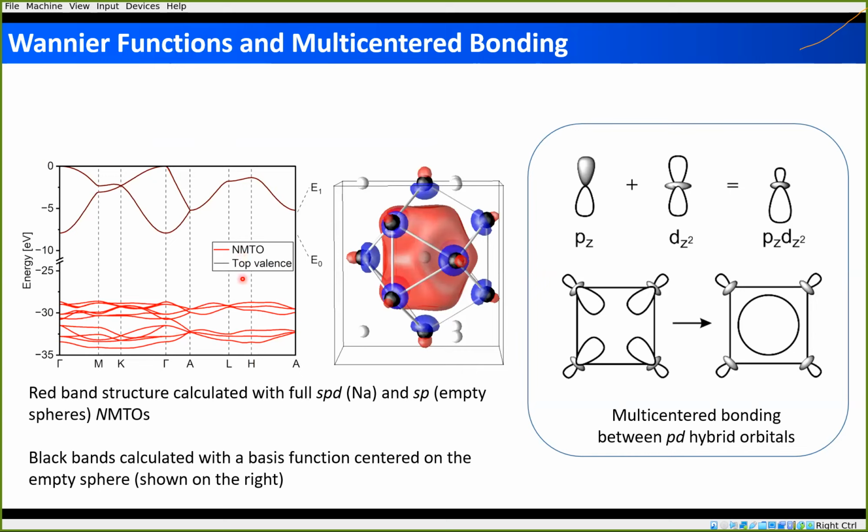We have done this in this formalism by placing a basis function on the non-nuclear attractor site, or the empty sphere, and then letting this NMTO code do what it needs to do in order to generate a Wannier function that can describe this set of bands as best as it can.